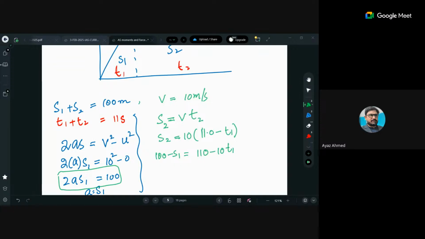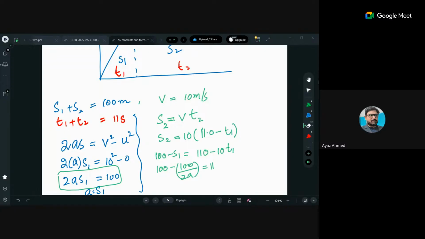Okay. And what is S1 from here? It is 100 divided by 2a. Although it is getting to be a complicated equation.